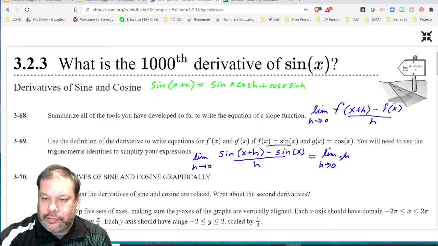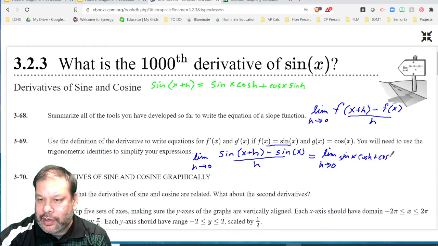Sine of x cosine of h plus cosine of x and sine of h, and minus the sine of x. So now we need to do some algebraic manipulation, and that's all over h.